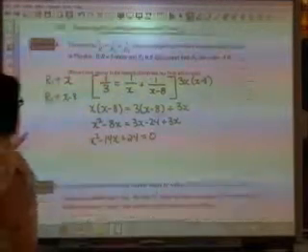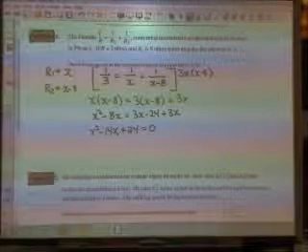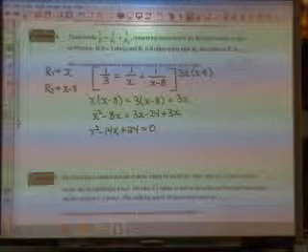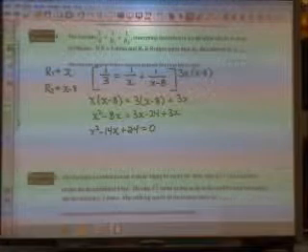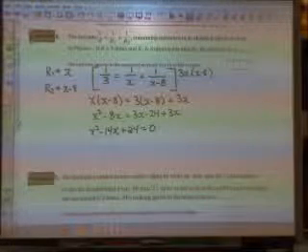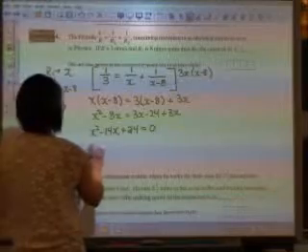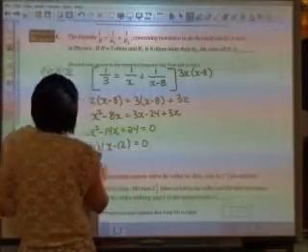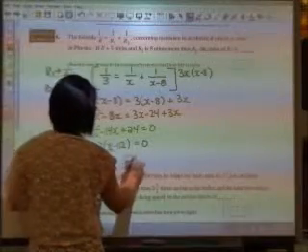If I factor this quadratic, I need two numbers that multiply to 24 and add to negative 14. What would I get? Okay. So I get that x equals 2 and x equals 12.